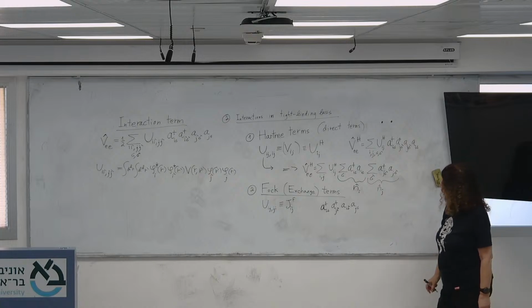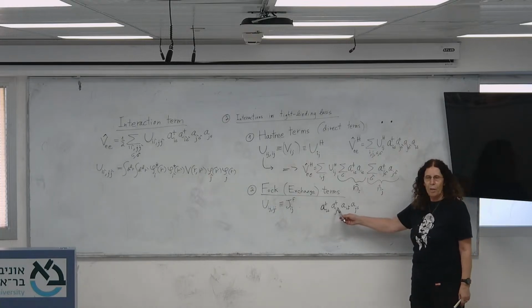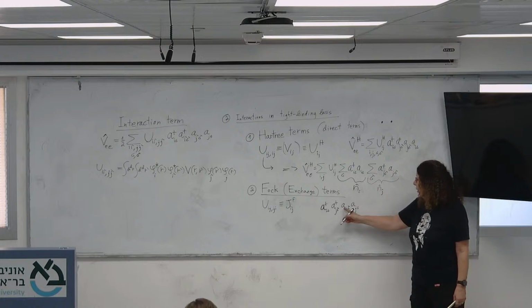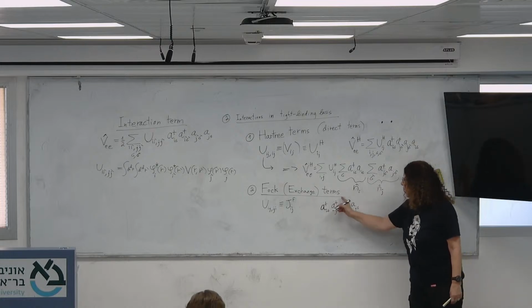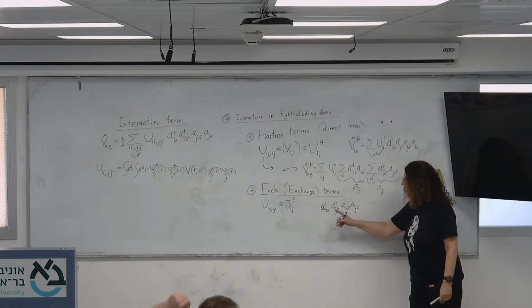And now you see that if I sum over all sigma prime, for example, I don't get a number operator, because for each spin, you get a hopping. This combination gives you hopping from i to j, and this from j to i.